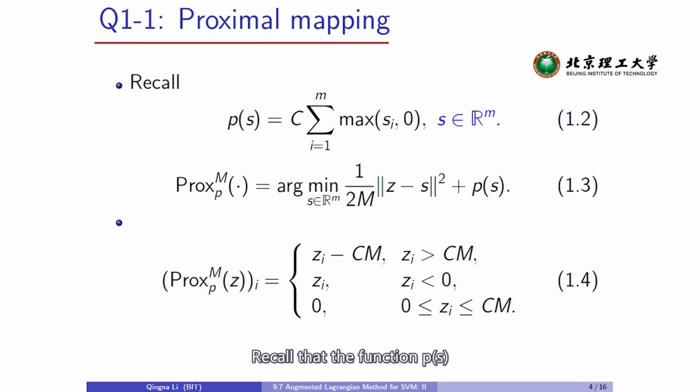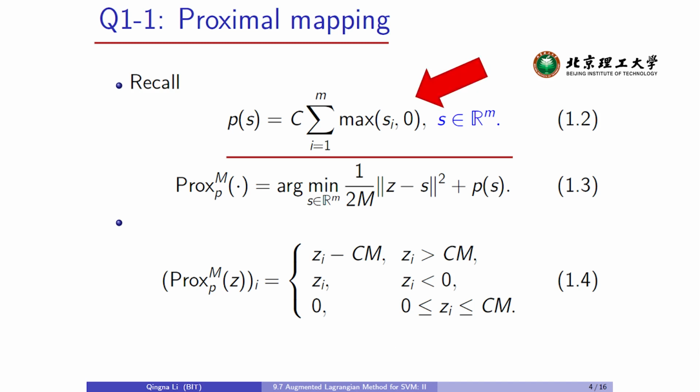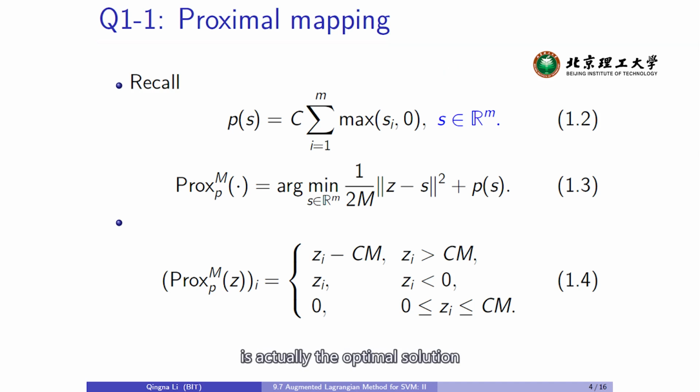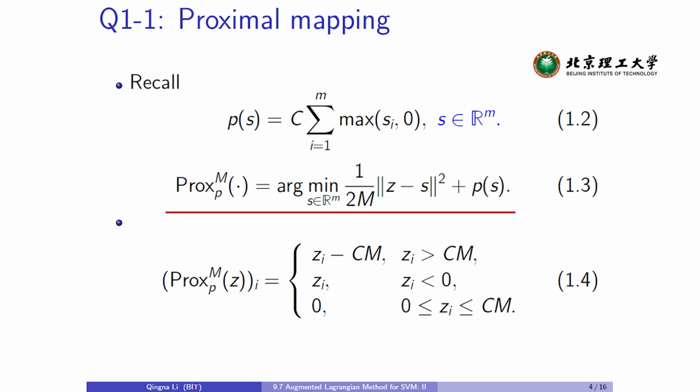Recall that the function p_S takes the following form, where it is basically the sum of the max function here, okay? So the proximal function is actually the optimal solution for this minimization problem. This minimization is actually called the Moreau-Yosida regularization, okay?